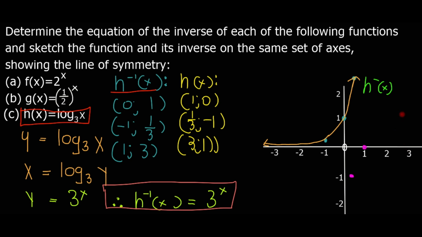So this is +3 and then +1, it's somewhere here. Our shape goes in this way. And then this one is the original, h(x).